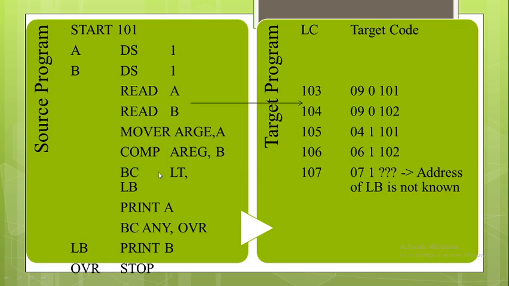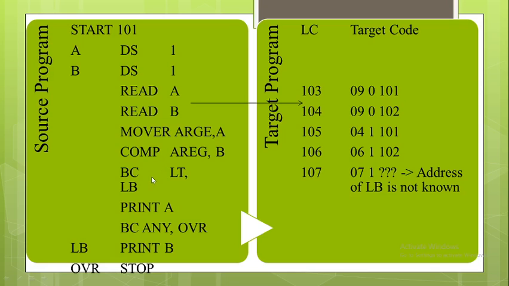Now the instruction BC LT LB cannot be translated because the label LB cannot be found in the symbol table. Up to this point we have only two entries in the symbol table, A and B, with the corresponding addresses 101 and 102.